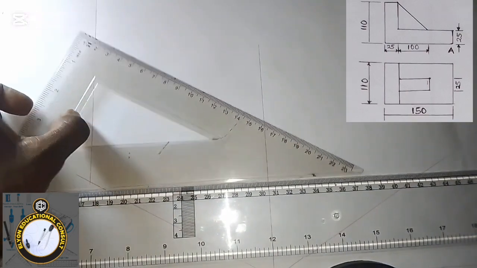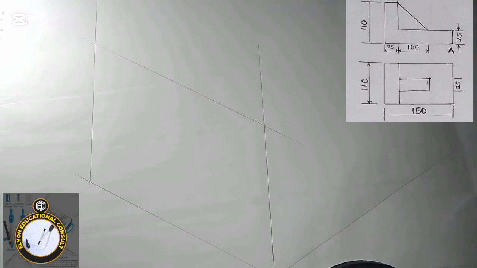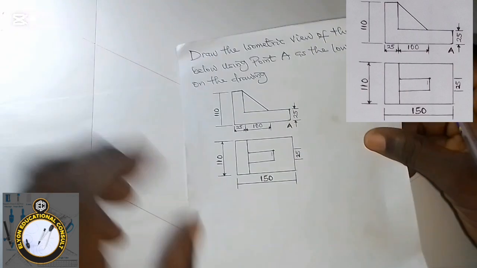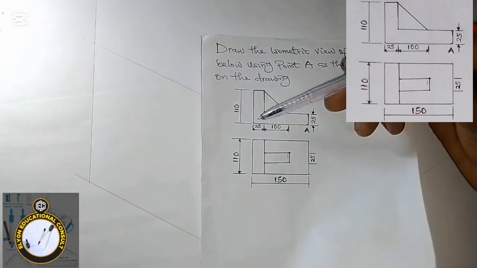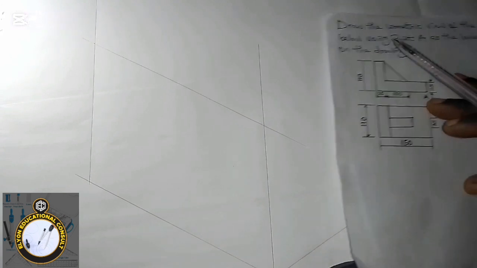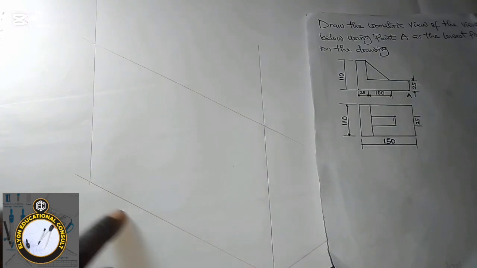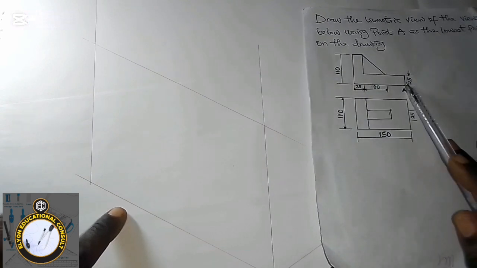We have this. The diagram is quite a huge one. Now don't forget, this length here is 11. This length here is the 150, the total length from here to here.